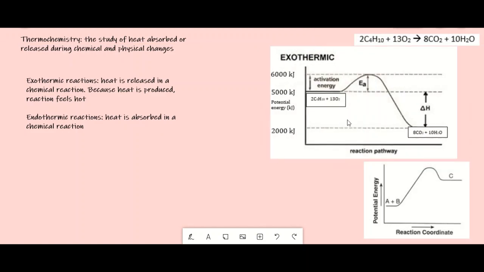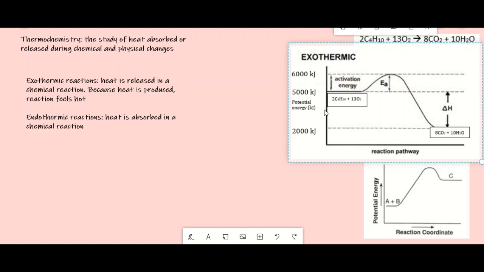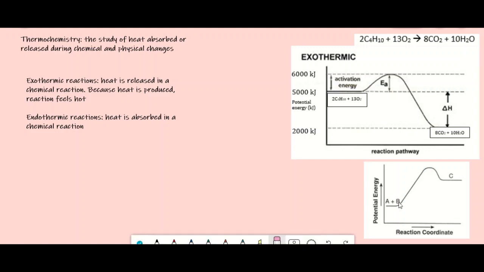Another thing to notice is that before the reaction actually happens, some energy needs to be gained. Even though the products have lower energy than the reactants, some energy needs to be gained first for the whole reaction to happen. This is called the activation energy. To find the activation energy, you take the total energy at the peak minus the initial energy. Let me use my pen here.